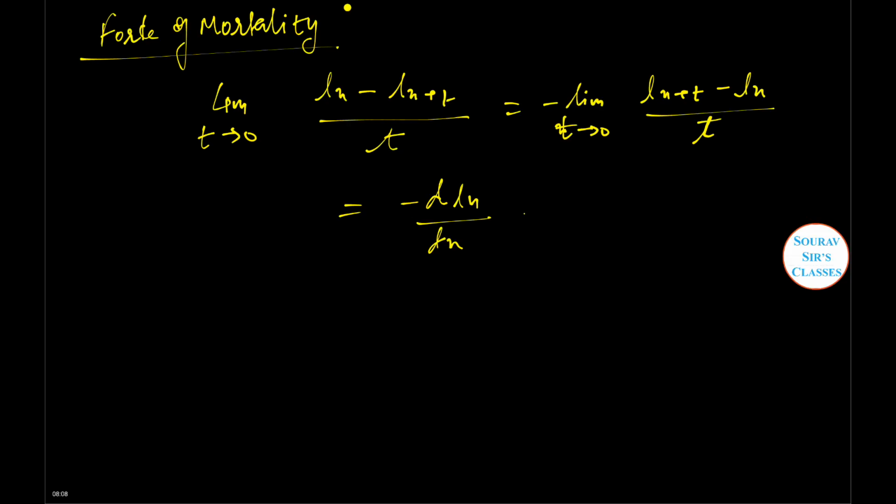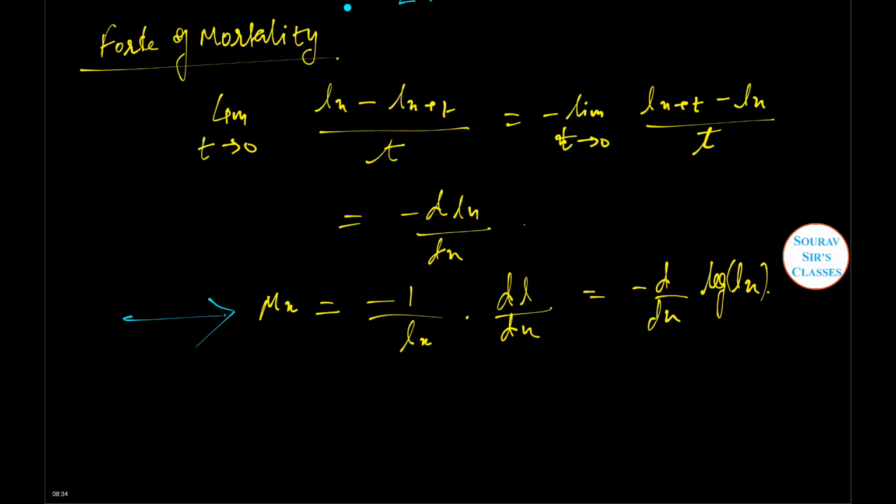Now, what is the definition of the force of mortality? Basically, it's at age x. The force of mortality at age x is defined as the ratio of the instantaneous rate of decrease in the value of Lx to the value of Lx. That is, this, and it is represented by mu x, which is equal to minus 1 by Lx into del Lx by del x.